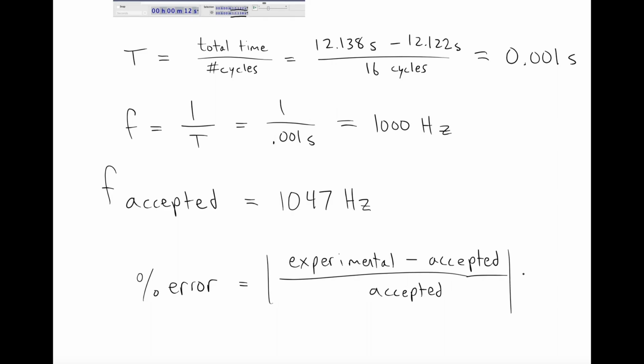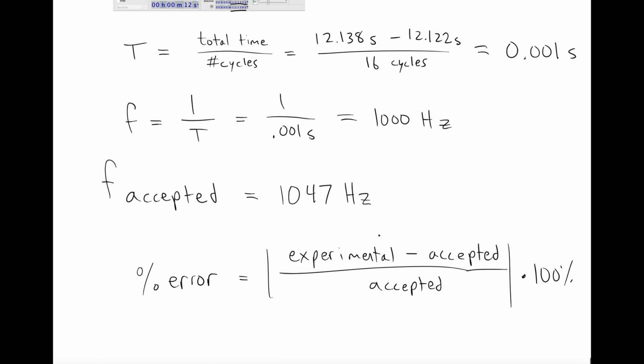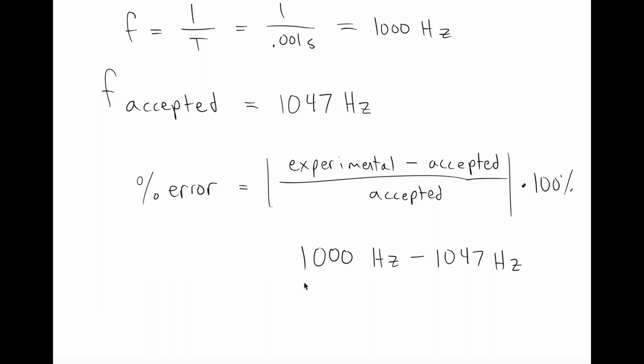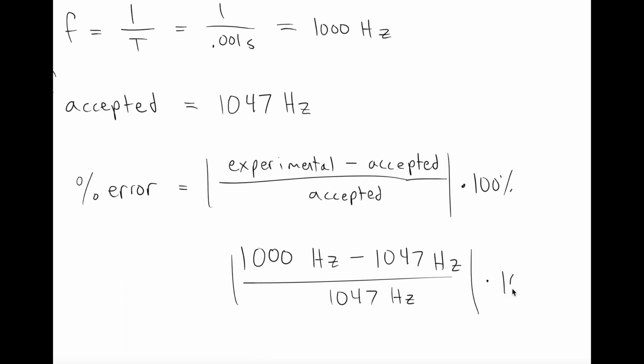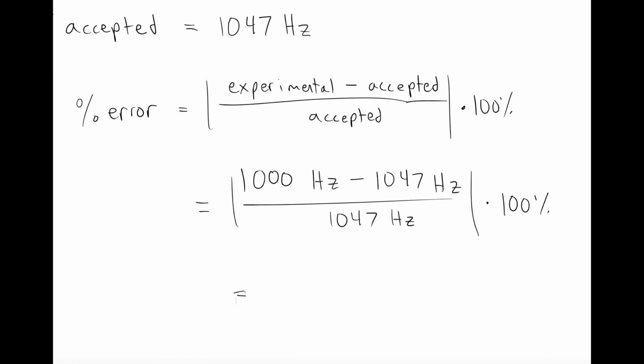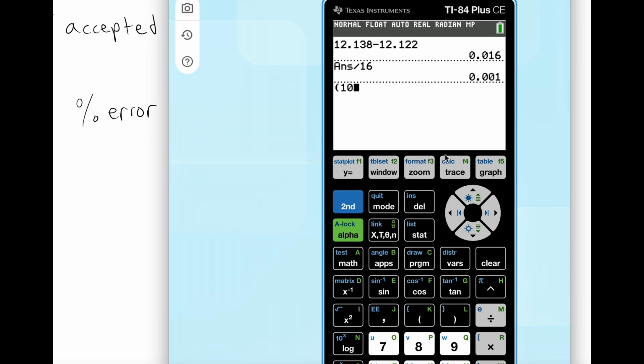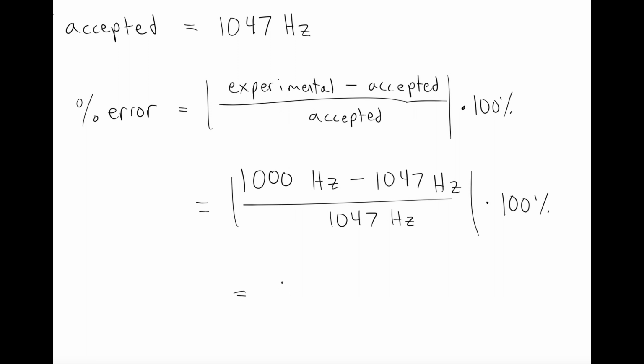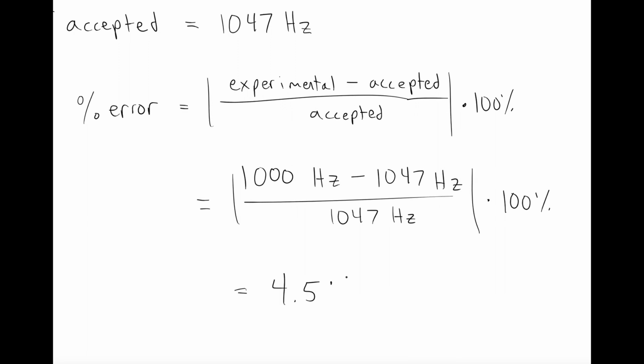And then we'll multiply by 100%. 4.5% error. So there was a little more error in this one.